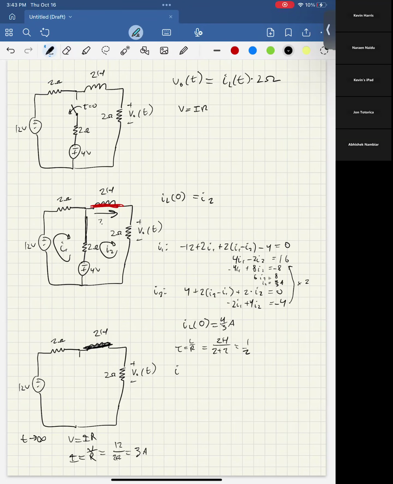Now, if we finally find that IL of t, it's going to be our IL of infinity, which is 3. Make sure I'm doing this right.